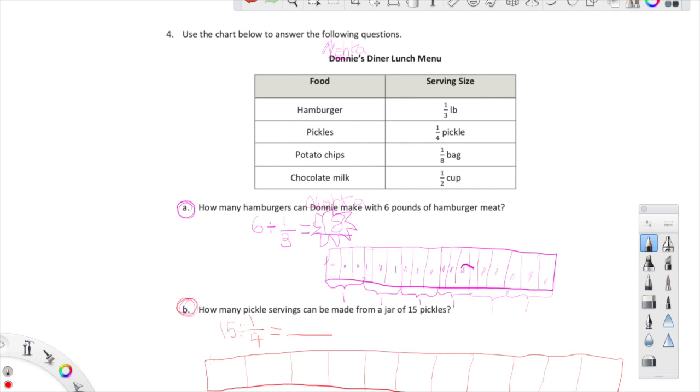Let's just add some more here. 12, 13, 14, and since we need another one, let's just add a tiny one all the way. Let's just add another one over here.